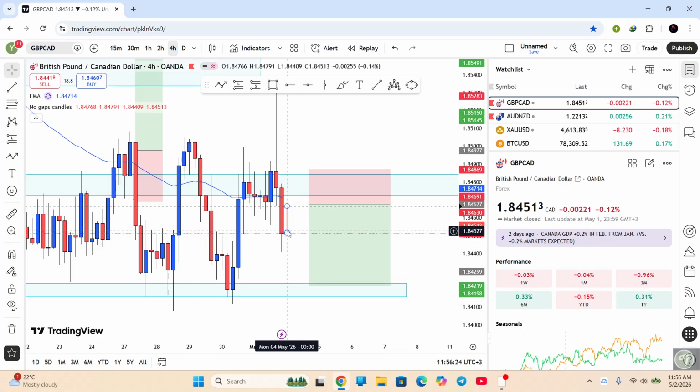So I'm gonna wait for price to give me one or two bullish candlestick pullbacks, then some kind of bearish doji or bearish pin bar or bearish engulfing candlestick formation around this level. The exact opposite thing I'm waiting on AUD and NZD.